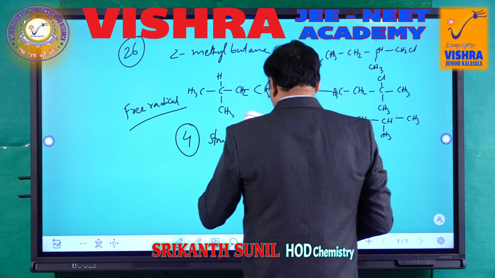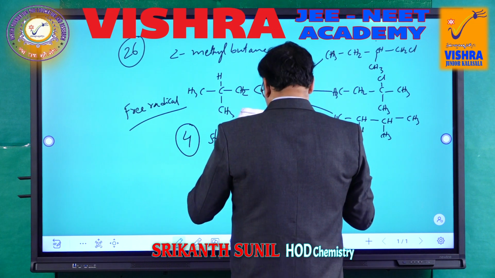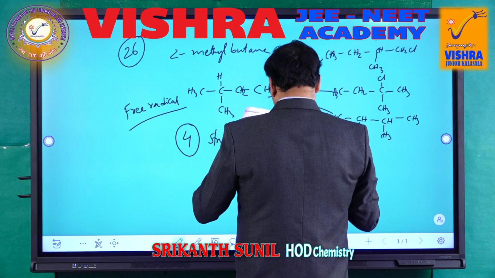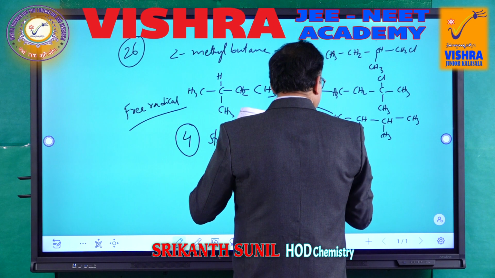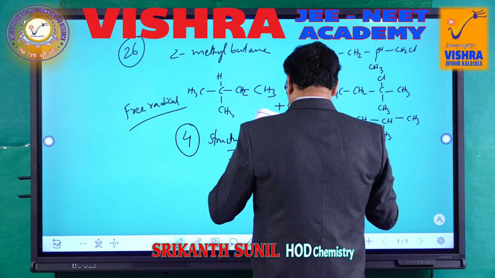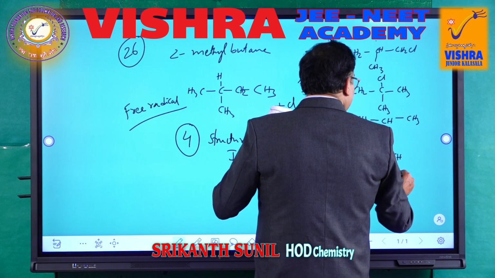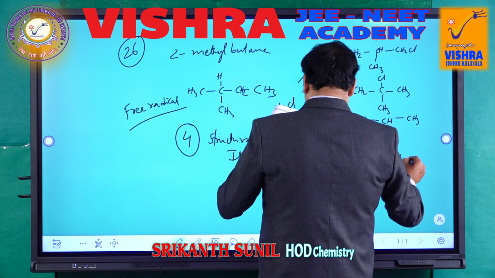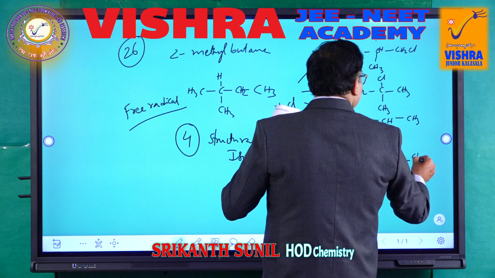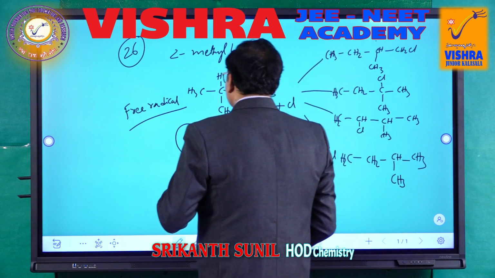This type is also obtained, and CH2Cl here with CH2 attached to CH attached to CH3 and CH3. These are the 4 isomeric compounds.